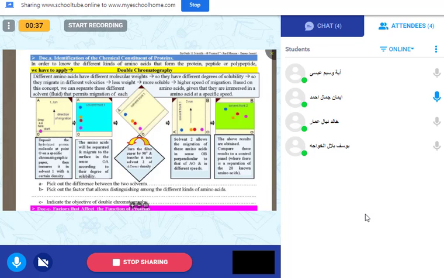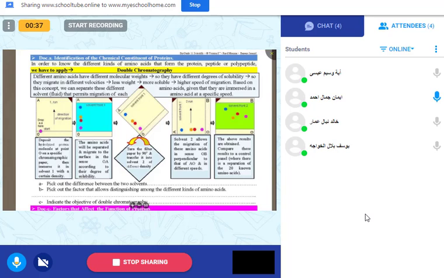Based on this concept, we can separate these different amino acids, given that they are immersed in a soft fluid that permits migration of different amino acids, each at a specific speed. So what is the idea now, Iman?